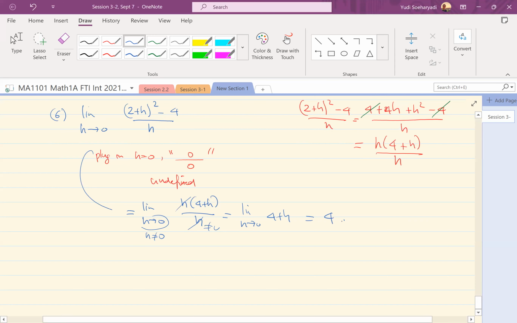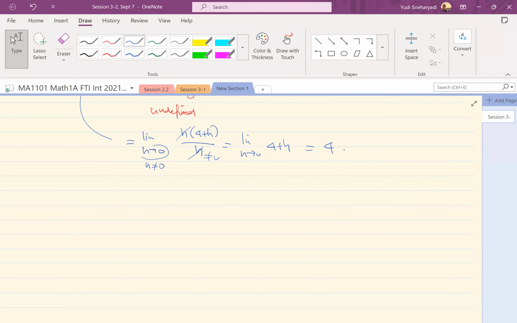So let's see some computations. Okay. Let us define some one-sided limit. Okay.